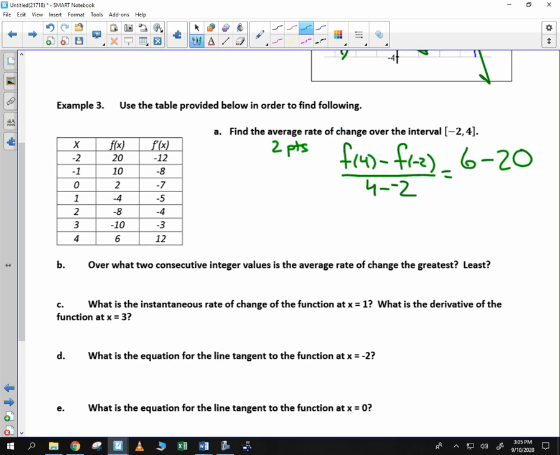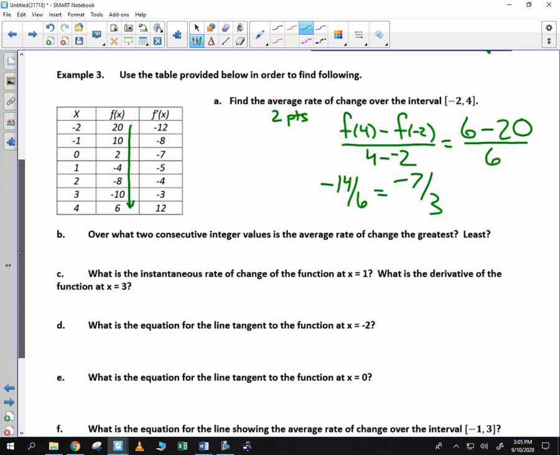So overall the function's going down. As you look at these values, it continues to go down. All of a sudden it goes up a little bit here at the end. But overall, the average change is going down. Divide that by 6, and sure enough, you get negative 14 over 6, which is negative 7/3. So that's the average rate of change, negative 7/3.